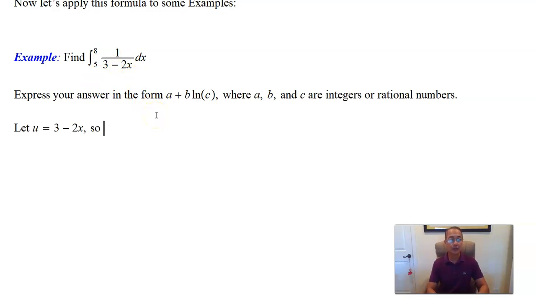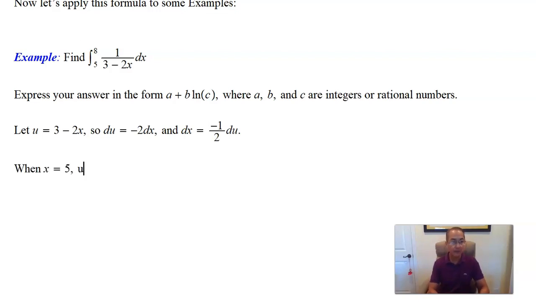Okay, so our du is negative 2 dx, and as before, solve for dx, it is negative 1 over 2 times du. Okay, shall we change the limits? Okay, so when x is 5, our u is, what is 3 minus 10?